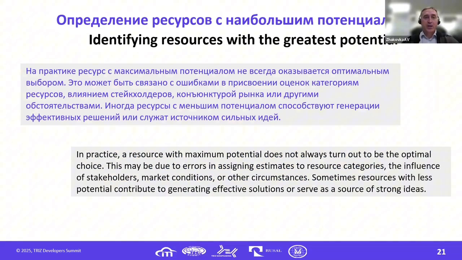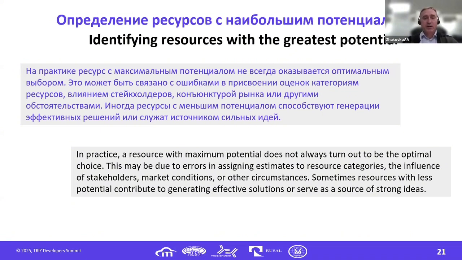In practice, a resource with maximum potential does not always turn out to be the optimum choice, the best choice. This may be because of errors in assigning estimates to resource categories. Maybe there was some influence of stakeholders which was underestimated, or market conditions were not taken into consideration, or other circumstances.